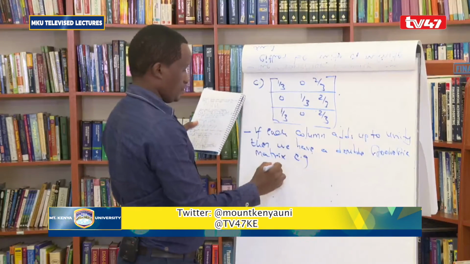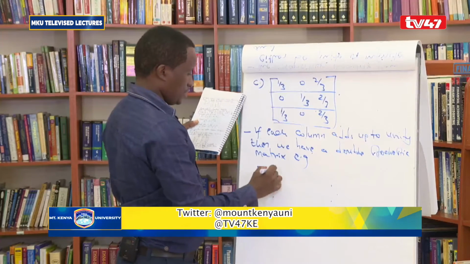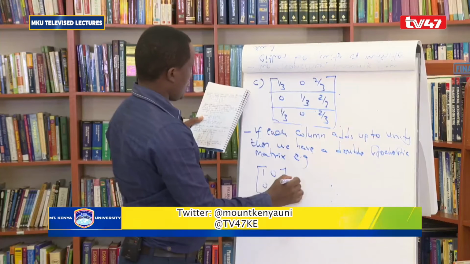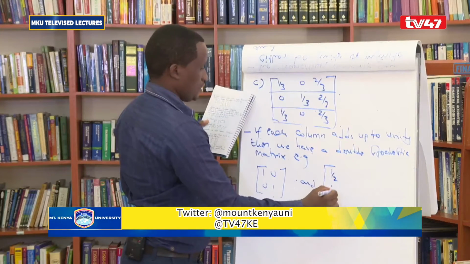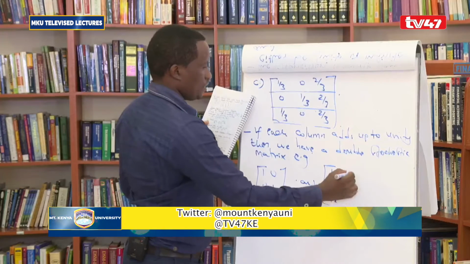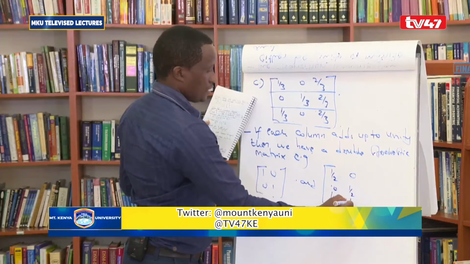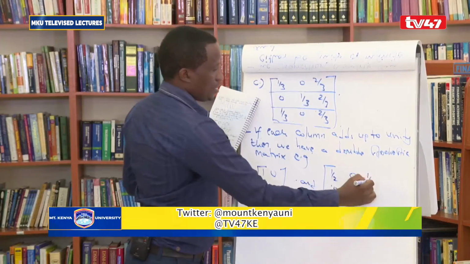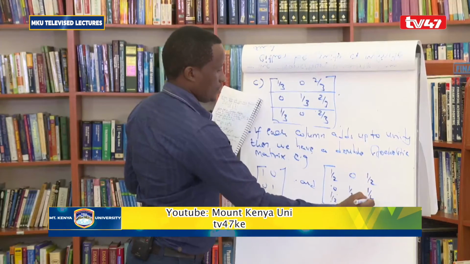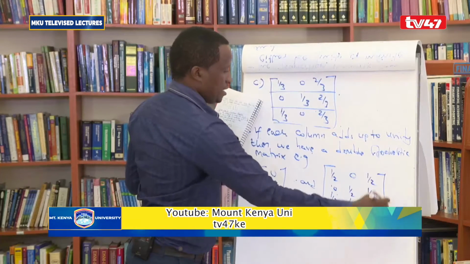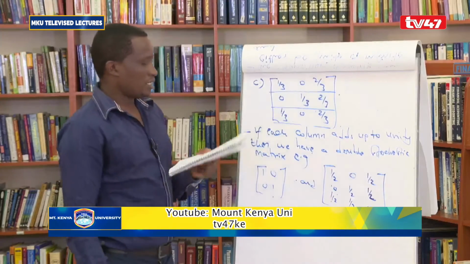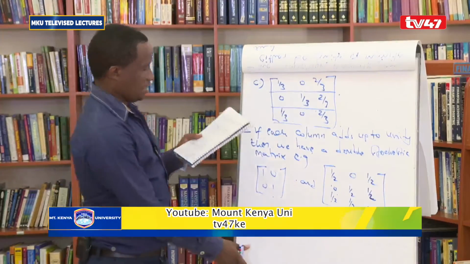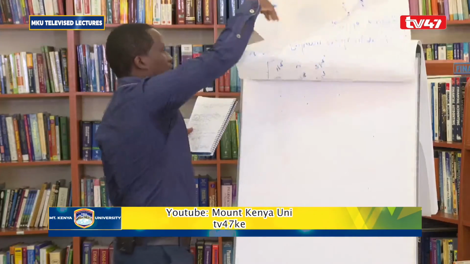E.g. here we have 1, 0, 0, 1 and a half, 0, a half, 0, a half, and a half, 0. You notice that in this case, both the rows and the columns add up to 1.